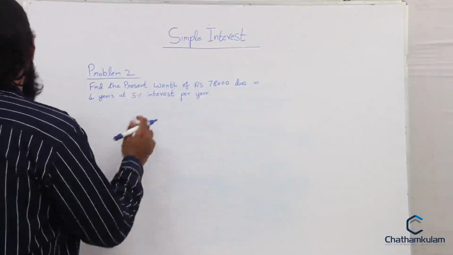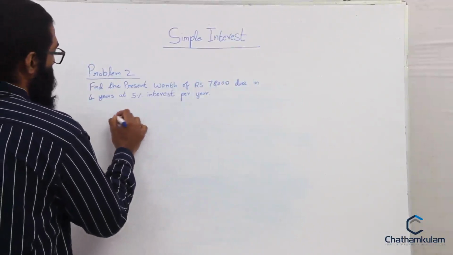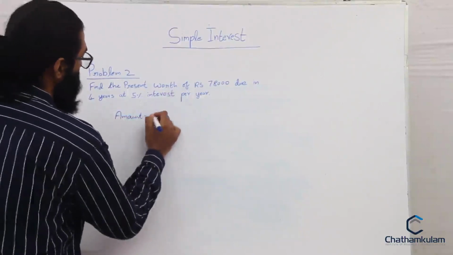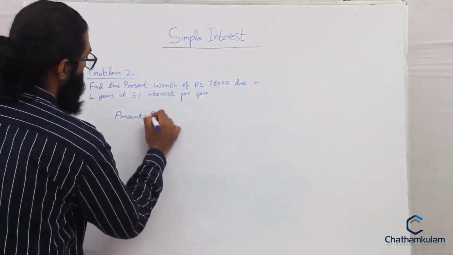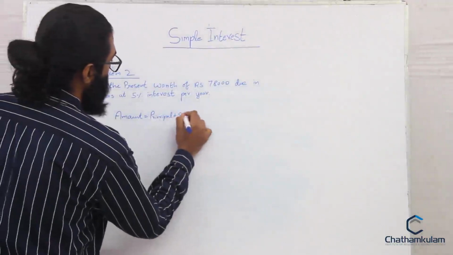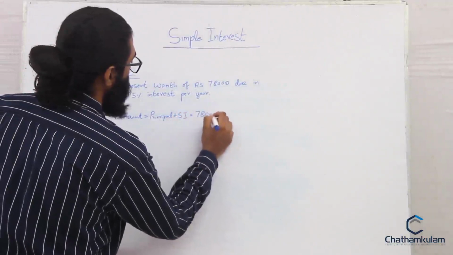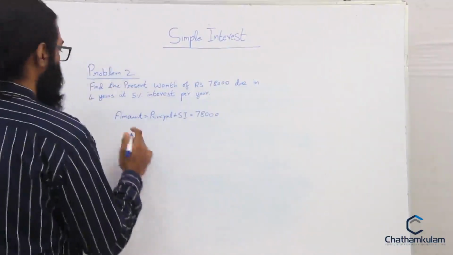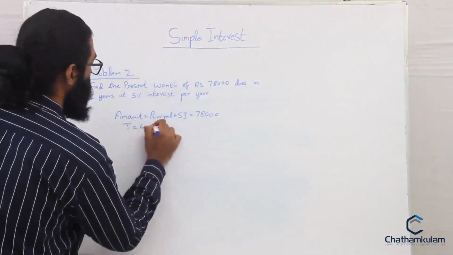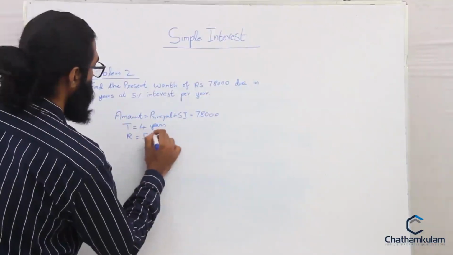From this question we can see that the amount due after 4 years, that is principal plus simple interest, would be 78,000. Time taken, that is T equals 4 years, and R, the rate of interest, is 5%.